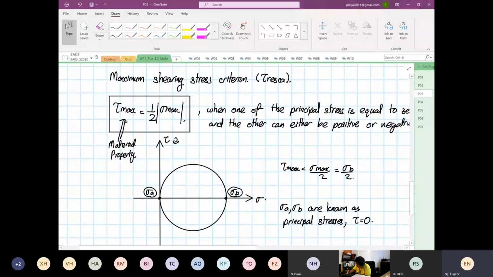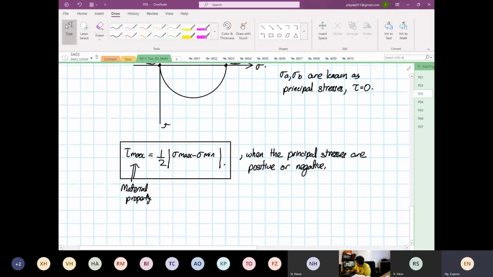Over here, what you see over here, this is your calculated, based on structure analysis. Okay, so this is also your calculated.